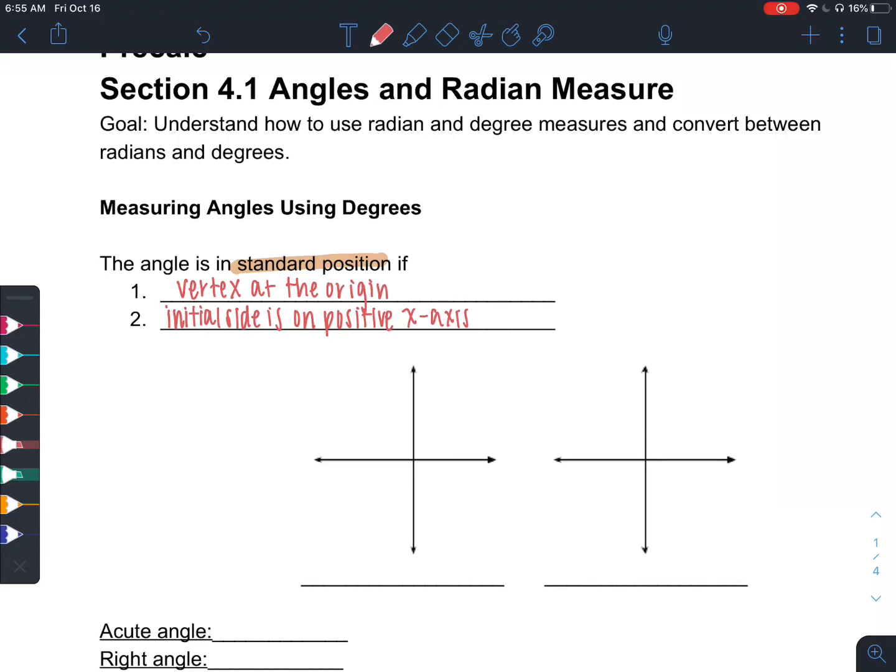Something else we are going to talk about is theta. This is theta. That's our new x that we're going to use when we're talking about angles.